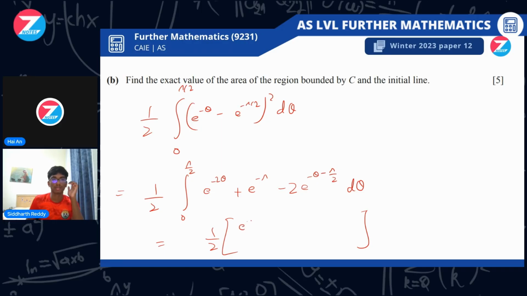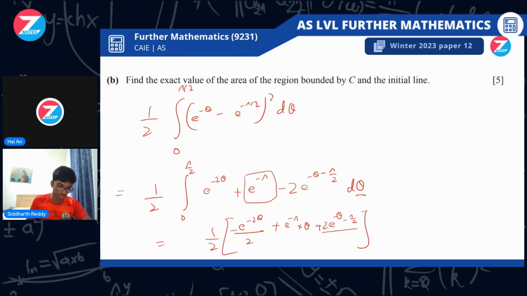So e to the minus 2 theta by minus 2 plus e to the minus pi times theta, integral of a constant, this is a constant. This is going to be that times the variable. Minus 2 e to the minus theta minus pi by 2 divided by minus 1.